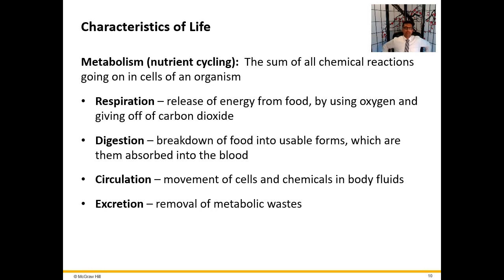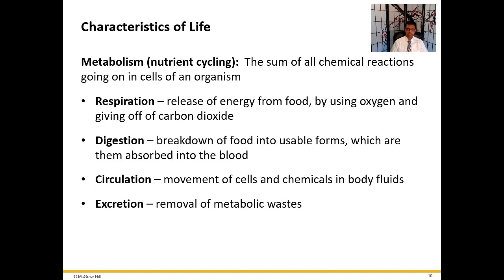Okay, so if you look at characteristics of life, we also have metabolism. So you've heard about metabolism. It's nutrient cycling, the sum of all the chemical reactions going on in cells of an organism. So that's your metabolism. You also have respiration, the release of energy from food by using oxygen and giving off carbon dioxide.